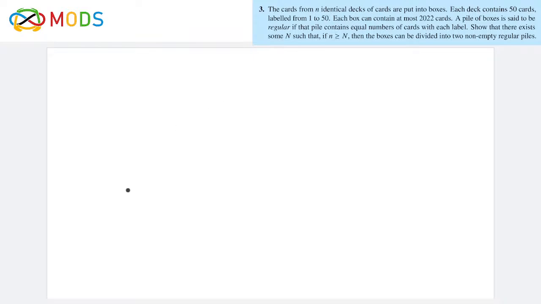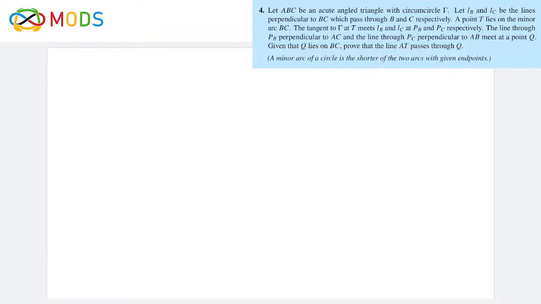Anyway, problem 4. Yeah, okay. Time to do the cool fade-in effect. Whoa, look at that. Okay, it's geometry. Good stuff. Okay, what was the problem?